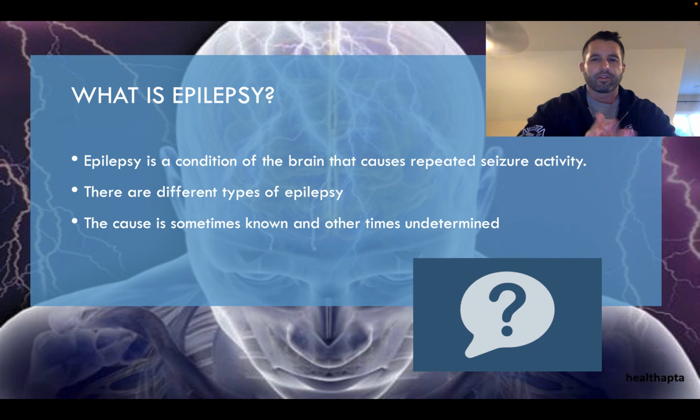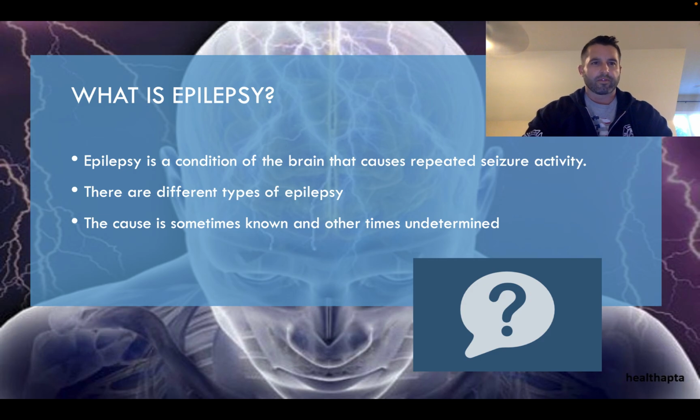Epilepsy is a condition of the brain that causes repeated seizure activity. There are two general categories of seizures. They've condensed them from having very specific names for each type of seizure to now two categories: your focal seizures and your generalized seizures.